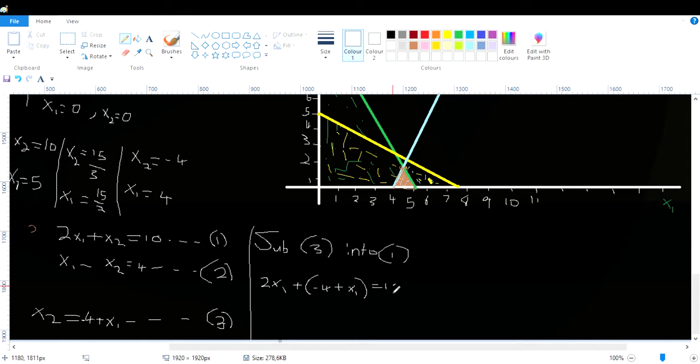Then let's solve for x sub 1. Let's open this bracket with this positive sign. It's 2x sub 1 minus 4 plus x sub 1 is equal to 10.